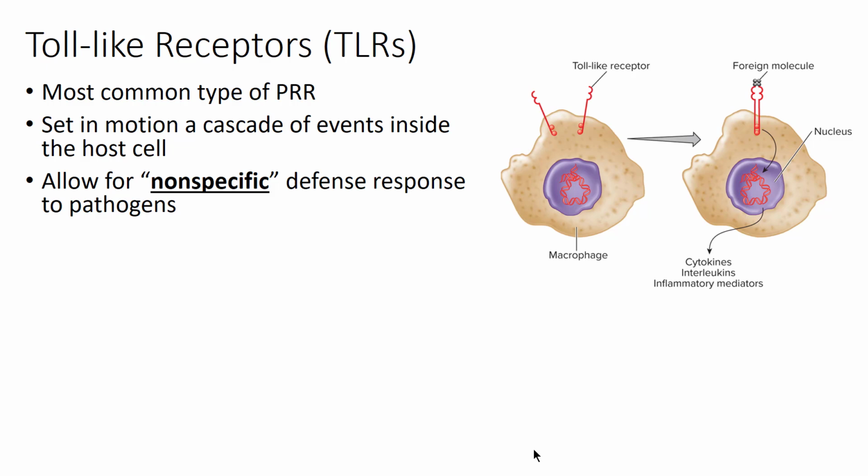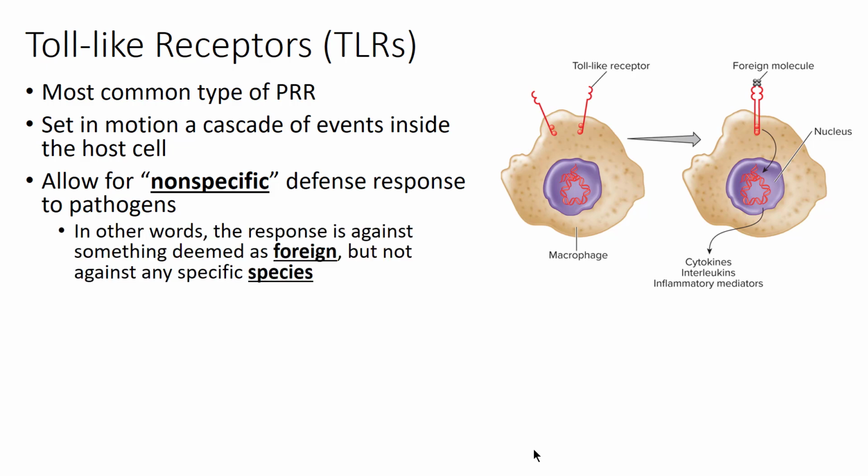Like being able to see one person's face and differentiate that from another person's face. That might be what we consider specific. But non-specific would just be saying this is a dog and this is a human, and everybody in this category is a human and everybody in this category is a dog, and not really differentiating within those categories. So that's kind of what non-specific means. It's specific to the group but not to the individual.